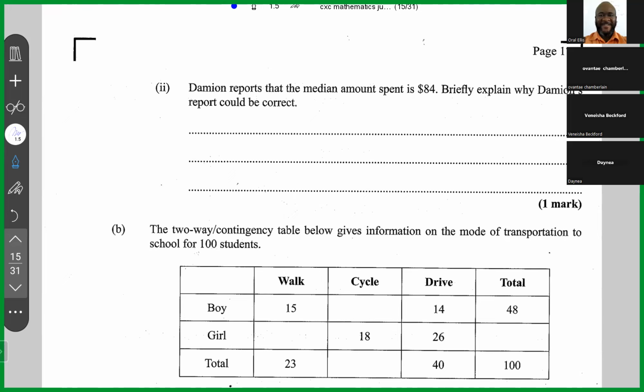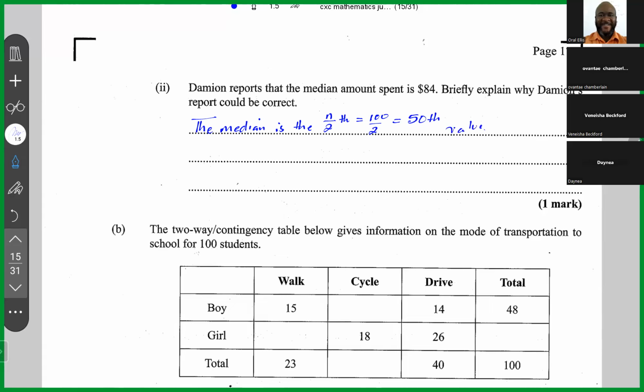Now, the median in group data is the n over 2 value, which is what? 100 over 2, which is the 50th value.